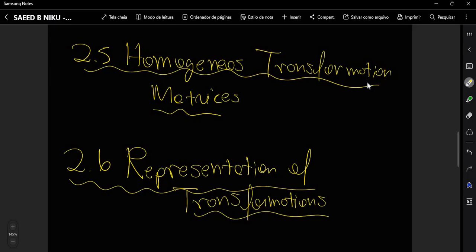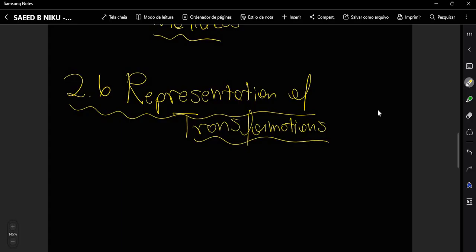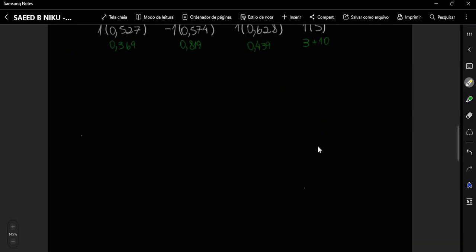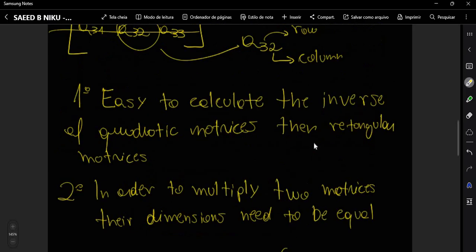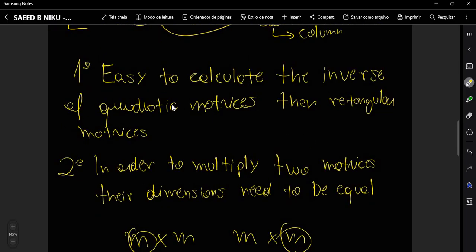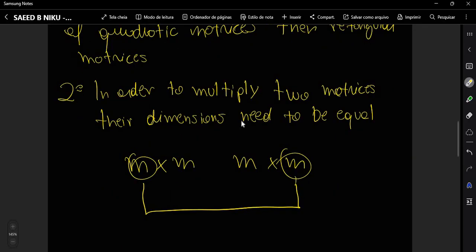And in the topic 2.5, we saw why it's important to maintain a matrix in the quadratic form, and we discussed the reasons why it's interesting for us. It's easier to calculate the inverse of a quadratic matrix than of a rectangular matrix.